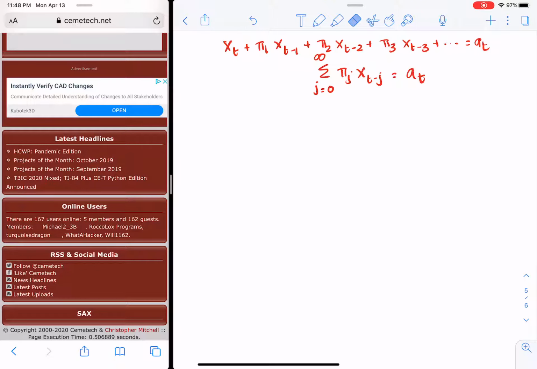So if we have to write it in terms of an AR infinity representation, we could simply say pi 1 equals negative phi 1 prime and write it in our standard representation of an AR model. So that would be the infinite representation of ARMA 1-1. We do have to keep in mind that this would only work if we have the invertibility constraints and the stationarity constraints working in favor.